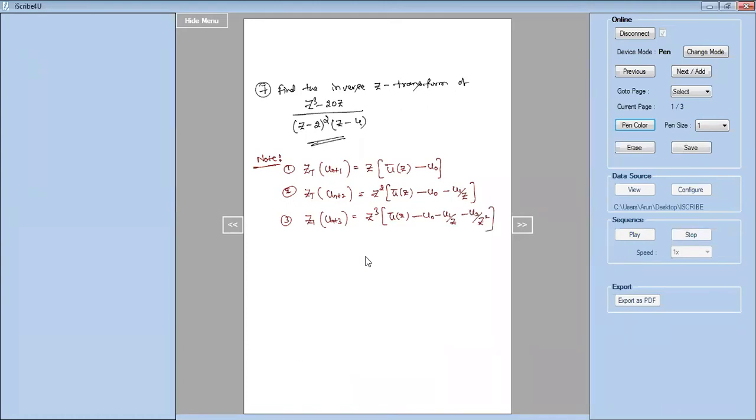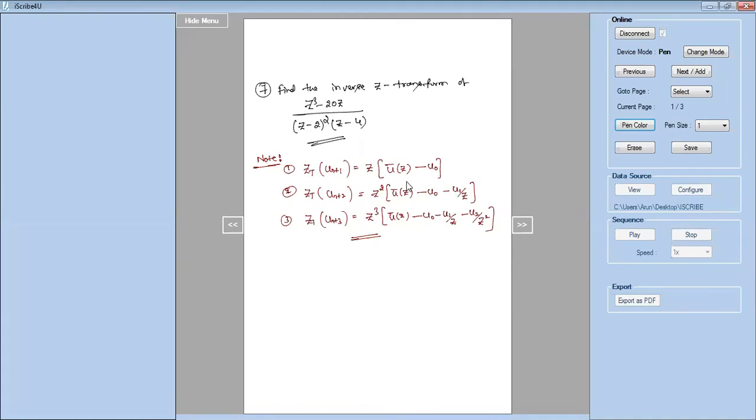These are the standard formulae for the first, second and third finite differences. The initial values u0 and u1 are given in the problem, so we substitute them in these formulae, simplify, take inverse on both sides, and get the solution for the given difference equation.